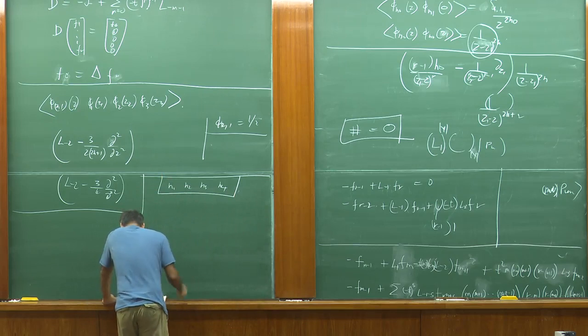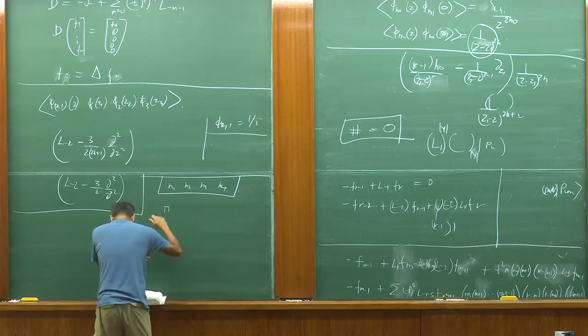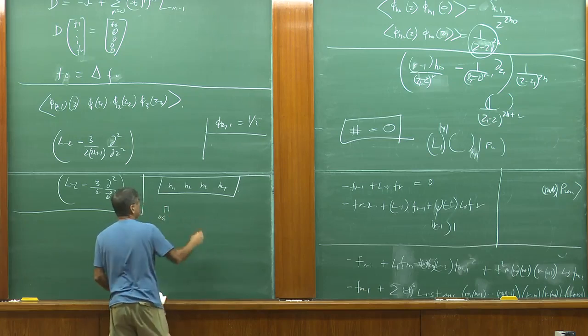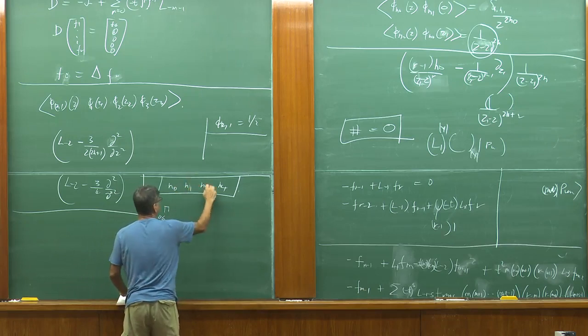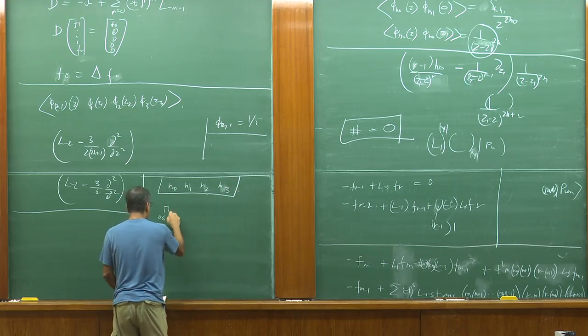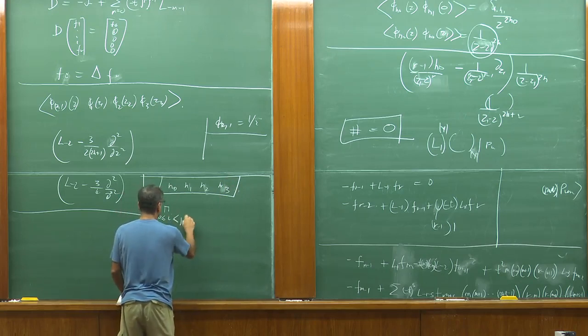I'm writing down the form that the book gives. Product over 0 less than or equal to i less than j less than or equal to 3.